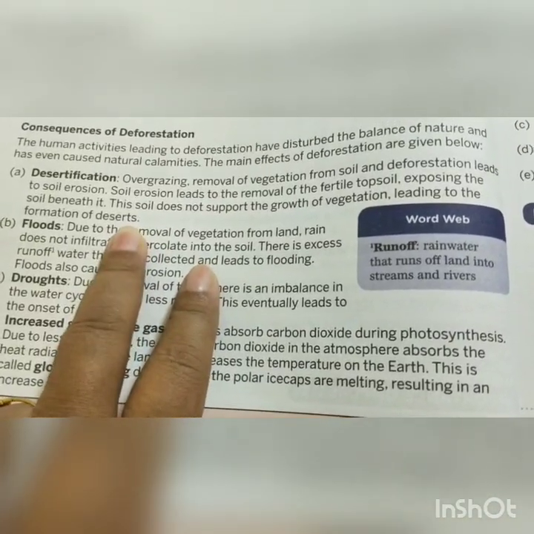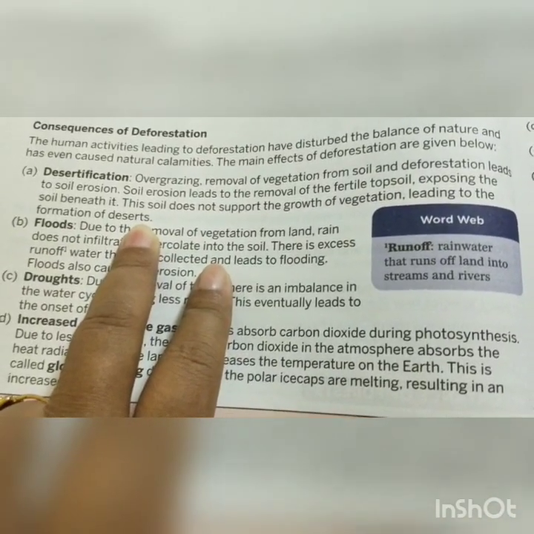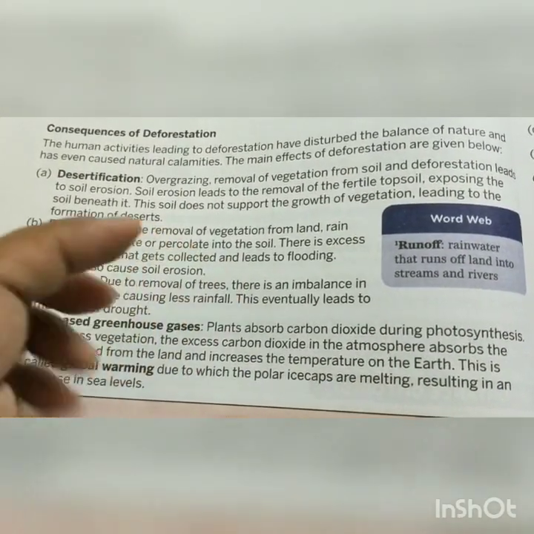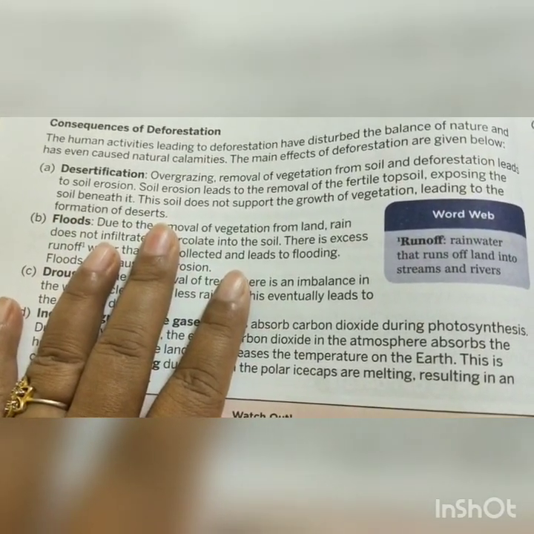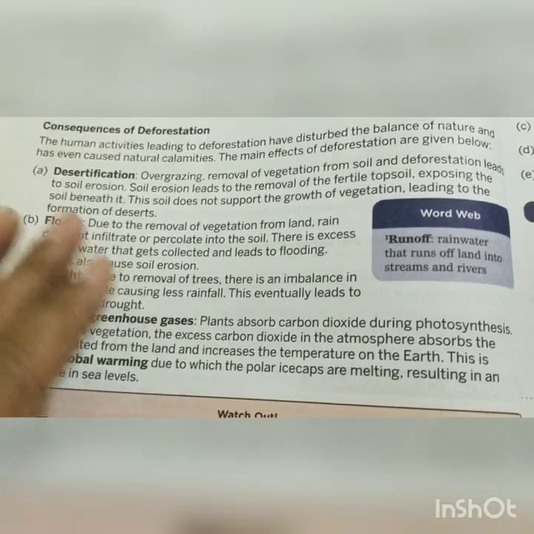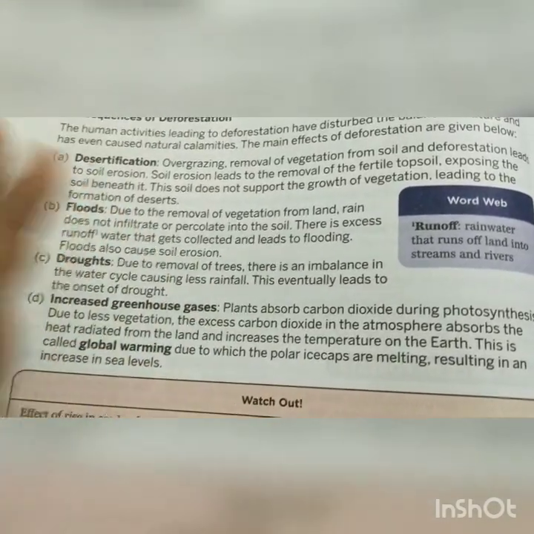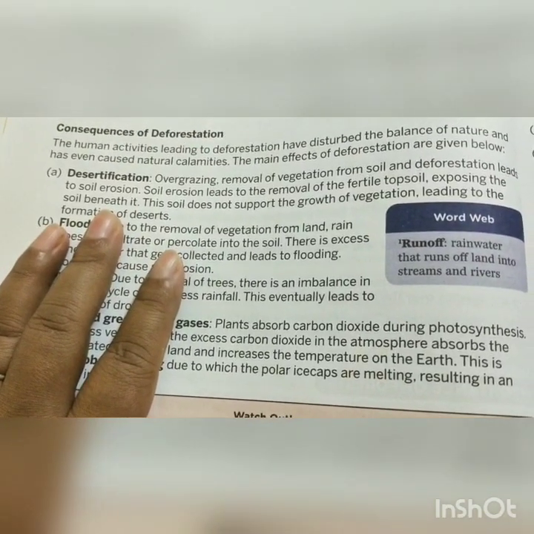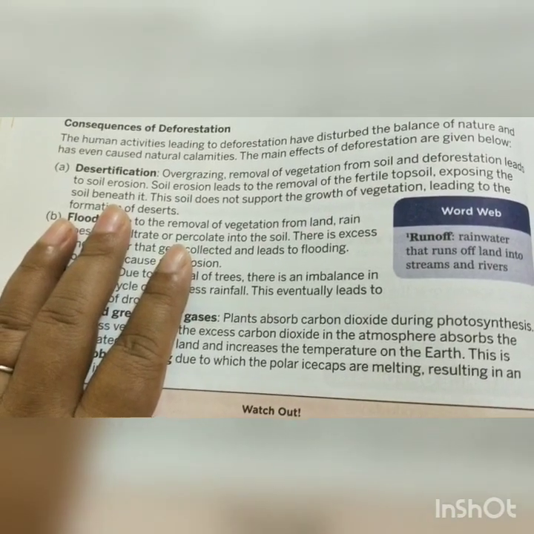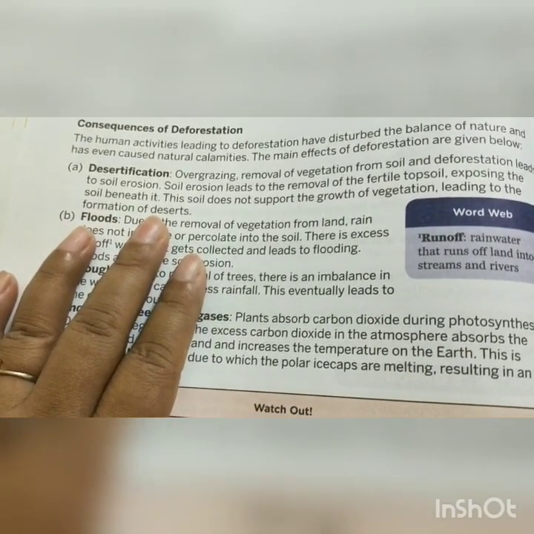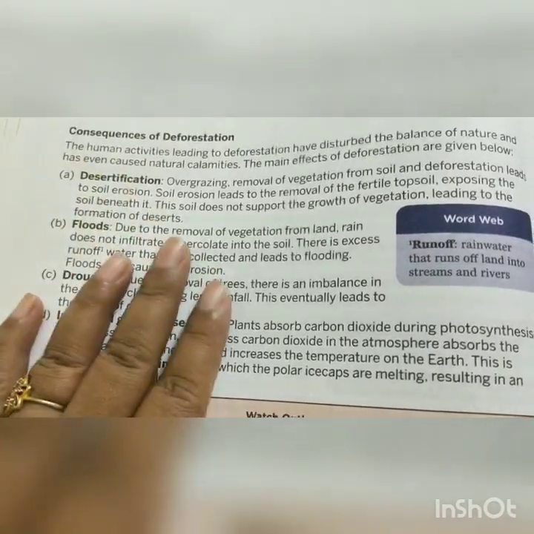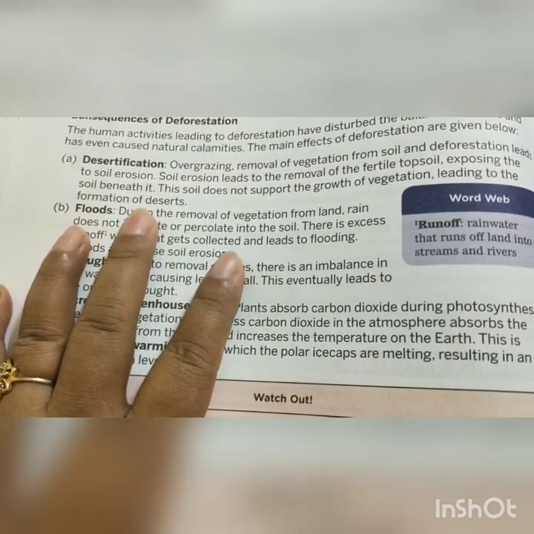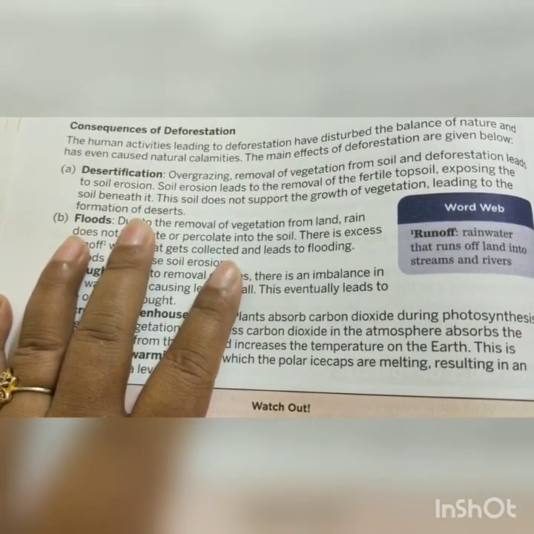So desertification means what? Overgrazing or removal of the vegetation from a particular area or forest causes what? Soil erosion, and due to the soil erosion the topmost fertile soil will be removed, exposing it to the sun. So when the air blows or when the rain falls, soil erosion occurs, and due to that the land will not produce any plants because fertility will be gone, and this forms what?